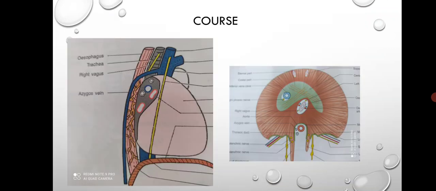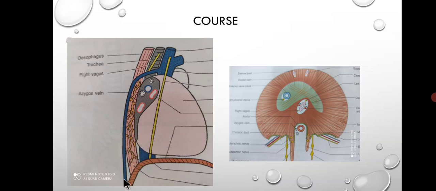Okay, now we'll see the course. After this, the thoracic azygous vein, along with the aorta, passes through the aortic opening in the diaphragm; it pierces the diaphragm. So in this diagram also you can see this is the diaphragm. It pierces the diaphragm along with the aorta. Okay, along with the aorta, it ascends.